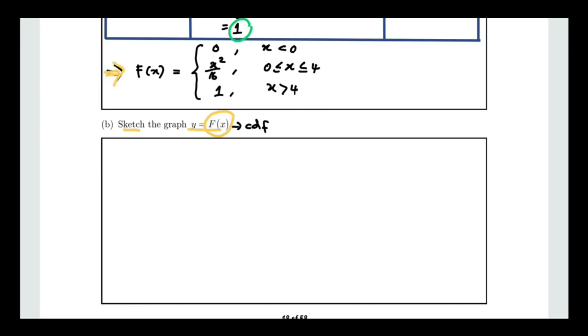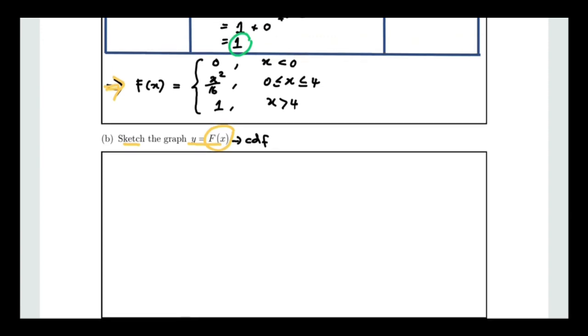So back to the CDF Fx that we found before. Altogether we have 3 functions, starting from 0, and then the second function continues with the quadratic and ends up with a constant. We're going to start with the quadratic function, x squared over 16.